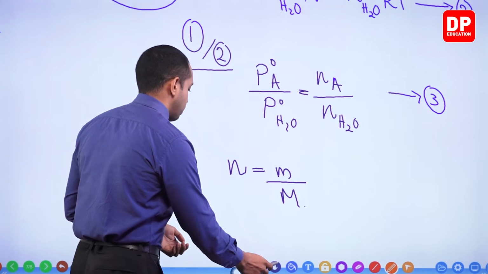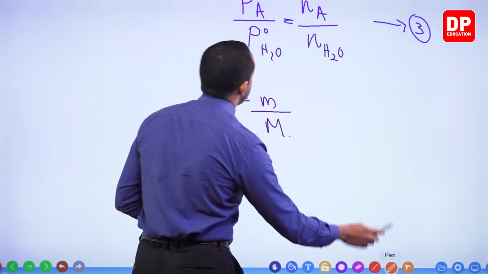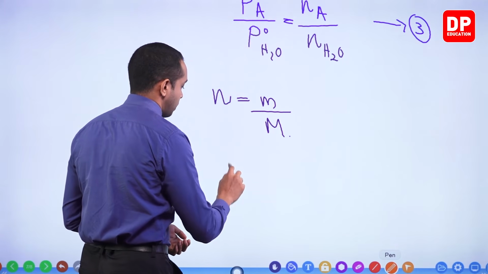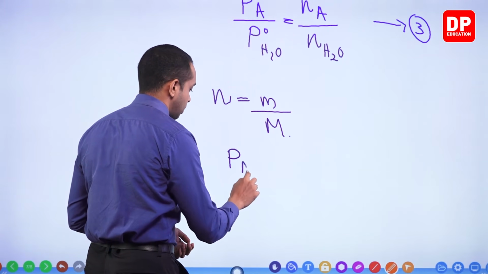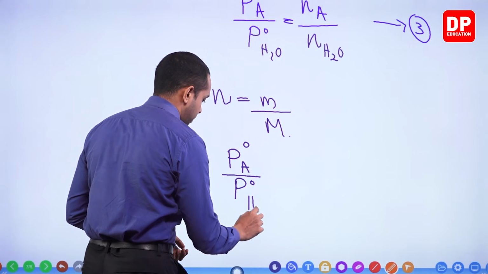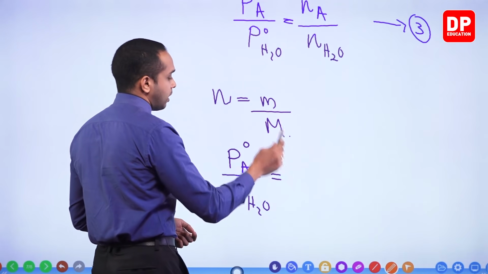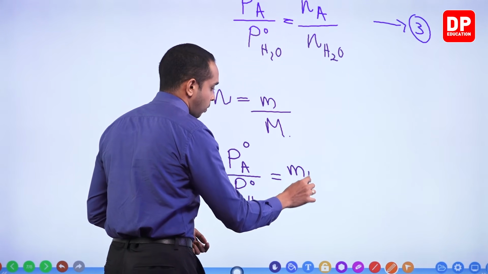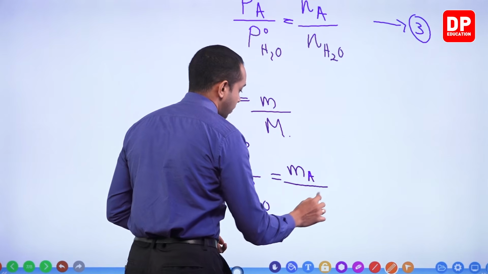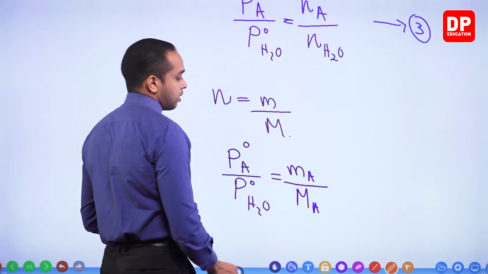So if you write Na this way, we can write this expression 3: Pa divided by P naught H2O is equal to Na, where Na is equal to the mass of A in the sample divided by the molar mass of A, right?